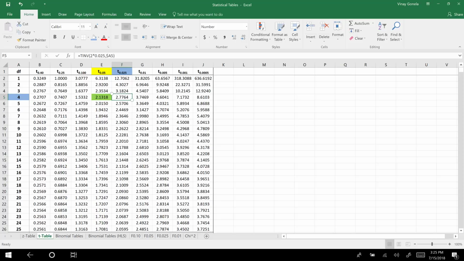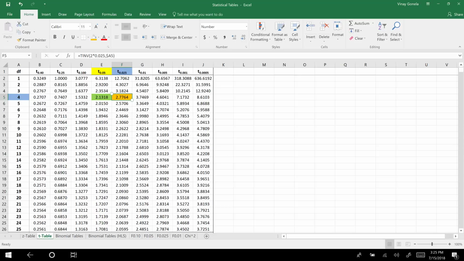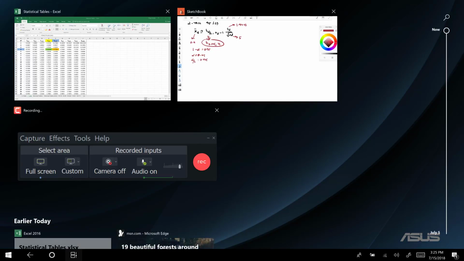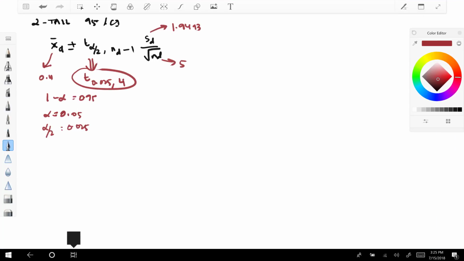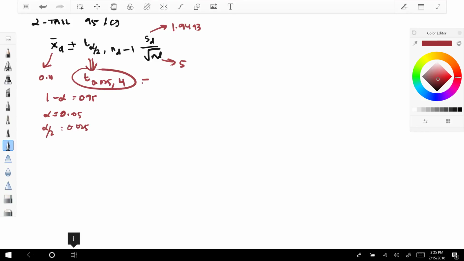So that value is 2.7764. So this would be 2.7764.